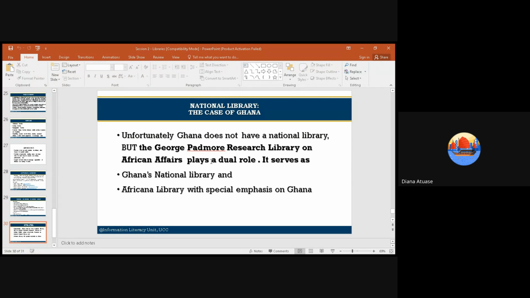So this library, George Padmore Memorial Library, is acting as the National Library of Ghana.